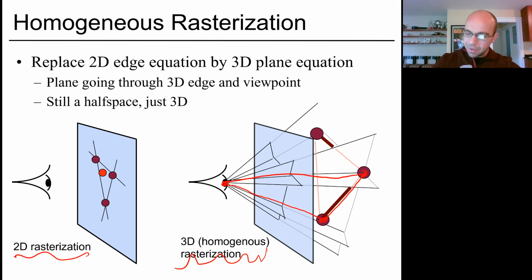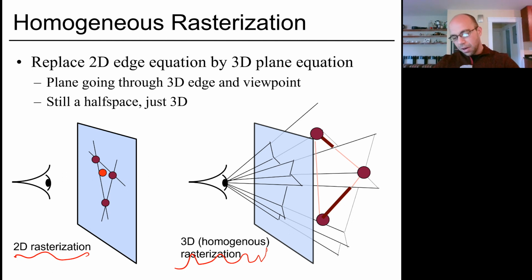So why do that? Well, remember that 3 points define a plane. So in particular, now I have 3 planes corresponding to the 3 edges of my triangle. So again, each plane contains my eye and 2 vertices of the triangle, as shown on the right-hand side. Why do that?